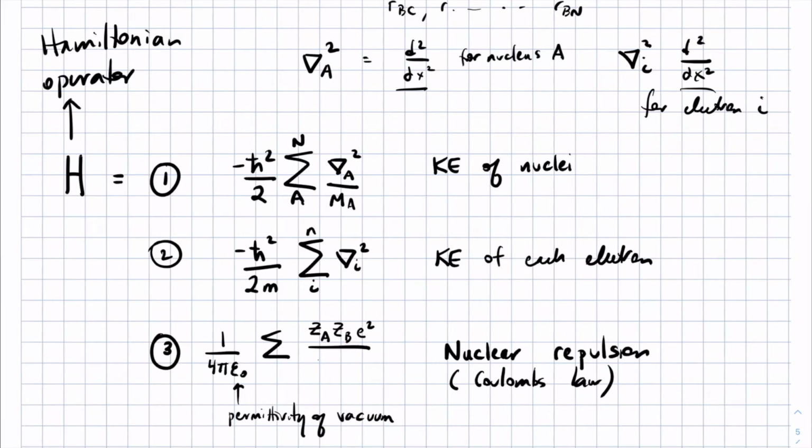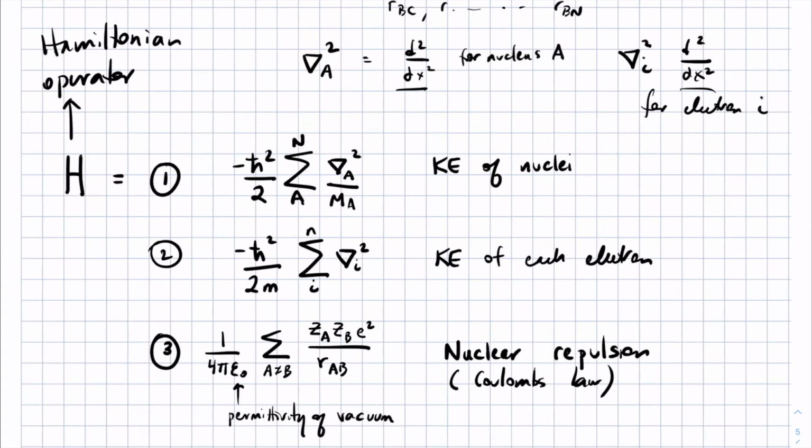And then we'll divide by the distance between nucleus A and B. And we're going to do this for all combinations of the nuclei that we have. Only we don't want to count it twice, so maybe we're going to say we're not going to let A equal B. Okay?